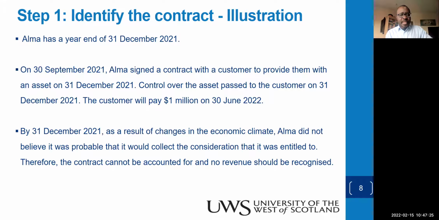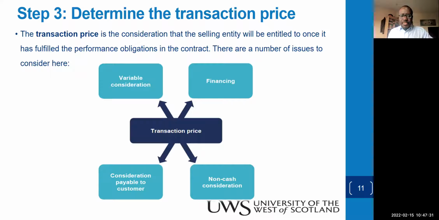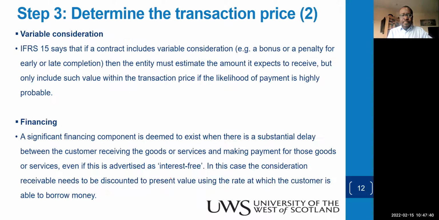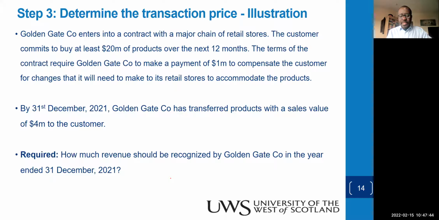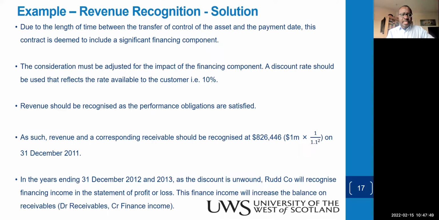For each step, we've taken an example and illustrations. We determined the transaction price, looked at an example under financing and an example of consideration paid, and then revenue recognition.